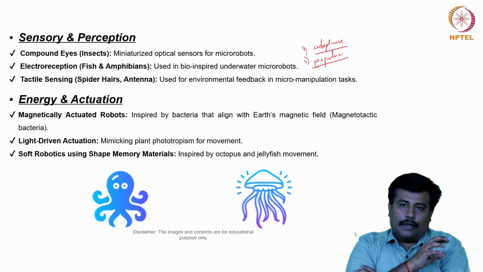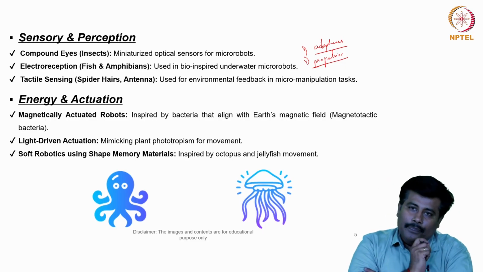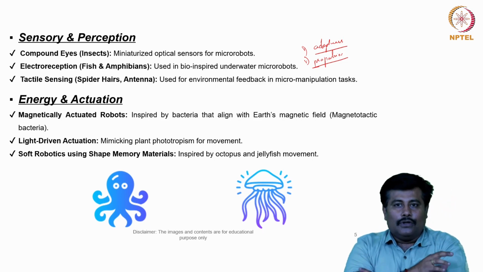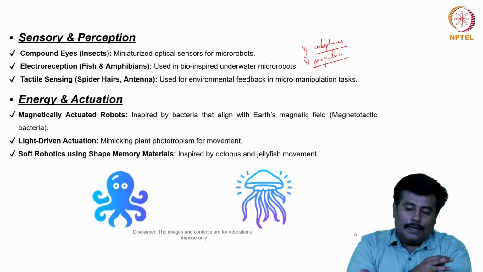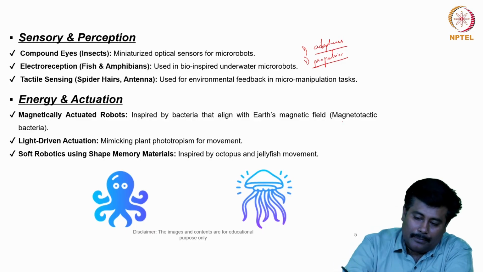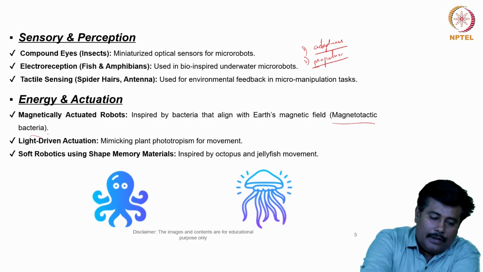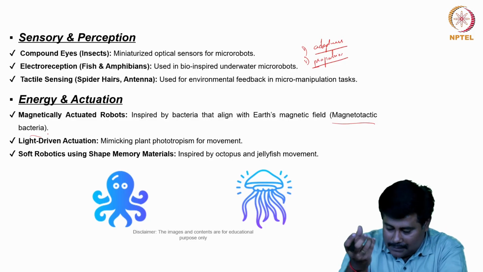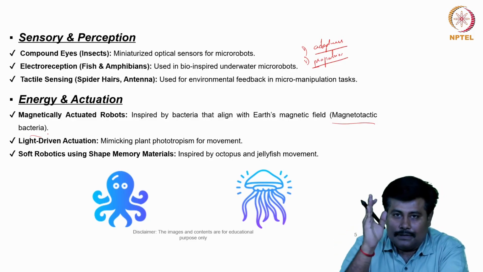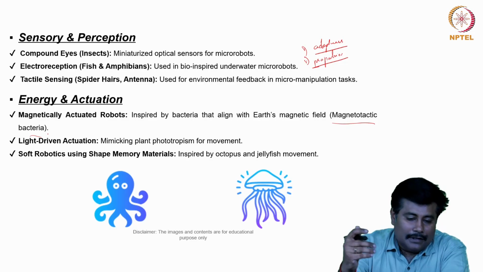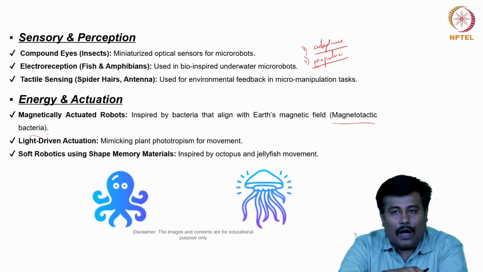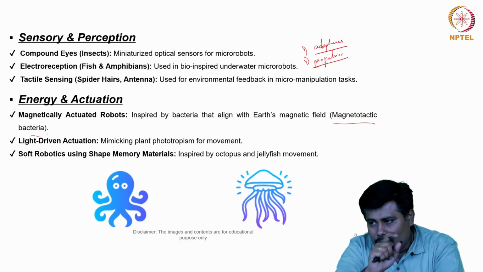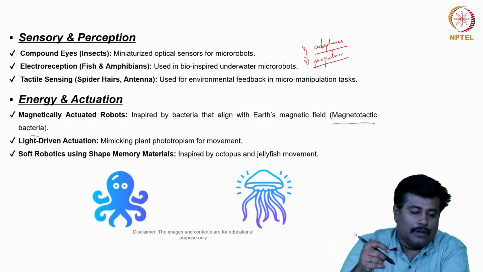For example, we have a magnetically actuated robot, inspired by bacteria that align with the earth's magnetic field, basically magnetotactic bacteria. Just like a magnetic compass aligns to a particular direction, such bacteria also align to the magnetic field. So we can tailor the locomotion based on our requirement.